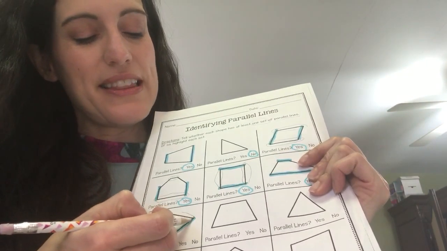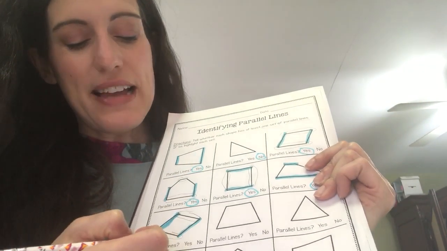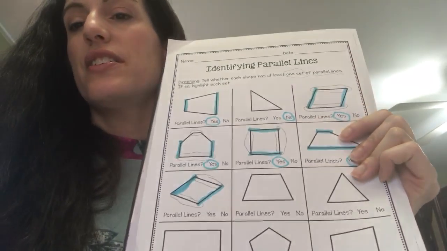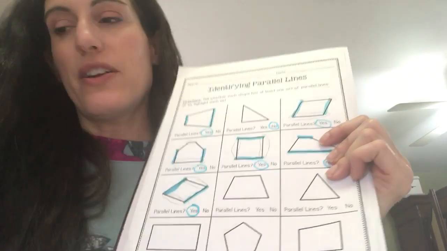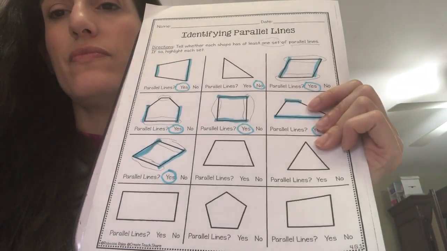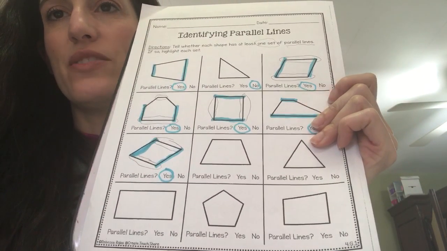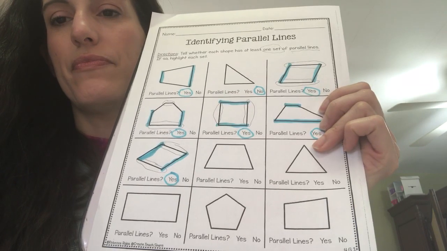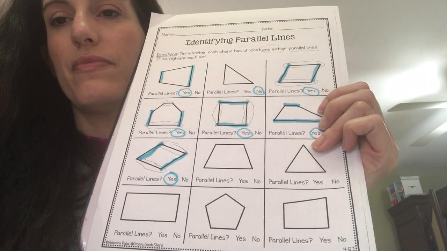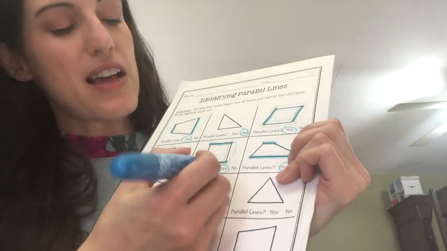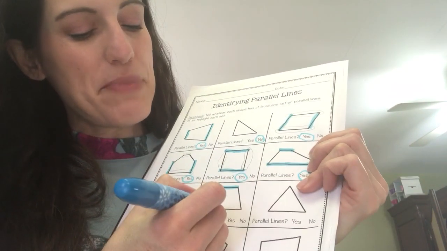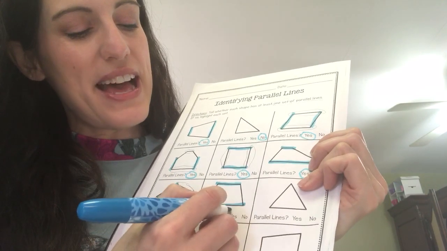And you're right, this side and this side would never touch. They're parallel also. So yes, this one has two sets of parallels. Okay, what about the next one? Yep, you found it. Top and bottom. Good job, yes.